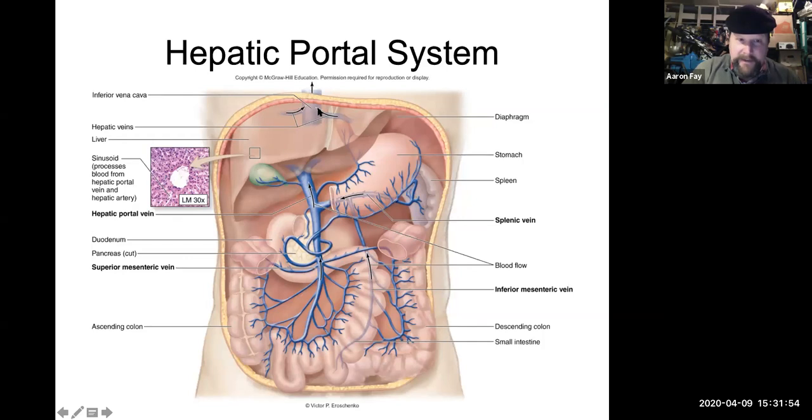And then the hepatic veins drain oxygen-poor, pure, nutrient-rich blood back to our circulatory system. So don't confuse hepatic veins, which are out, with the hepatic portal vein, which is in. Hopefully this should be fairly clear.